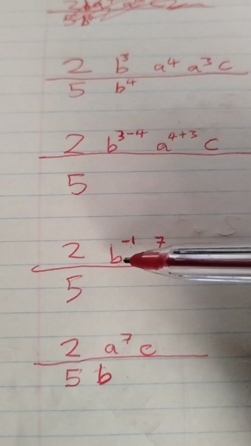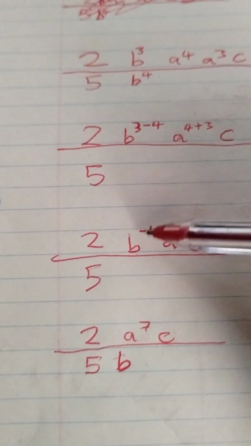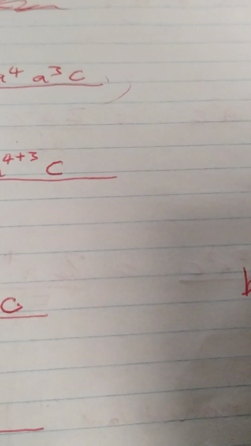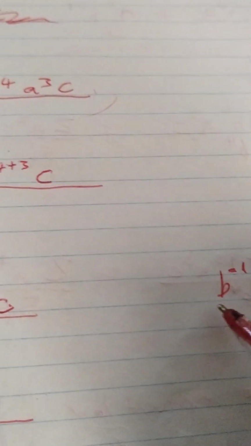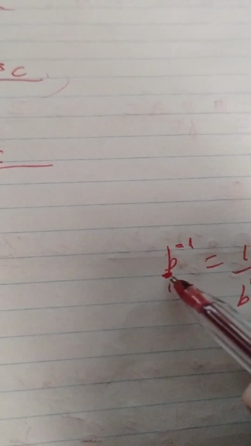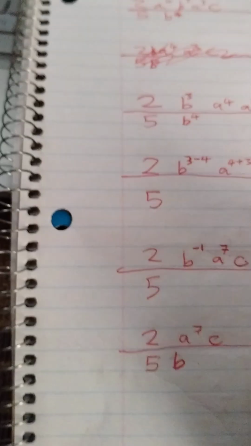So in this case, because this is b raised to minus 1, I'm just showing you on the side what it is. b to the minus 1 would be 1 over b to the positive 1, which is the same as 1 over b, right? Because as we said before, b simply means b over 1, and b can be anything. b can be 2, 3, whatever.